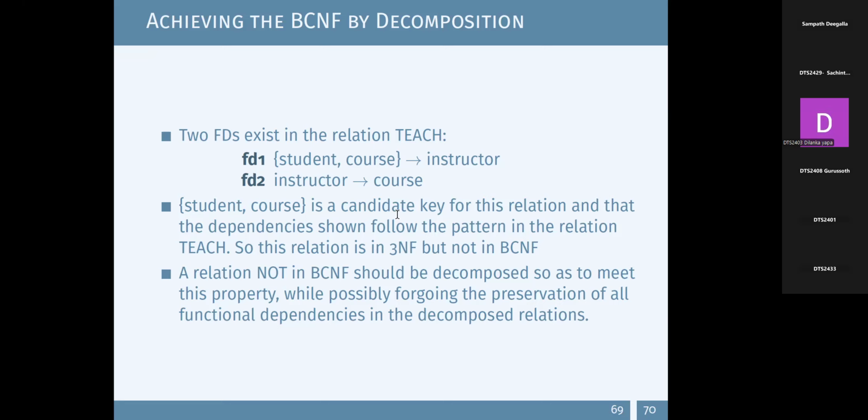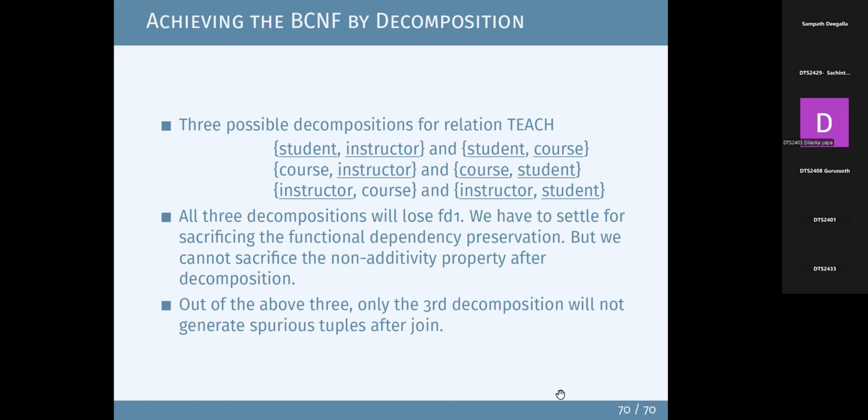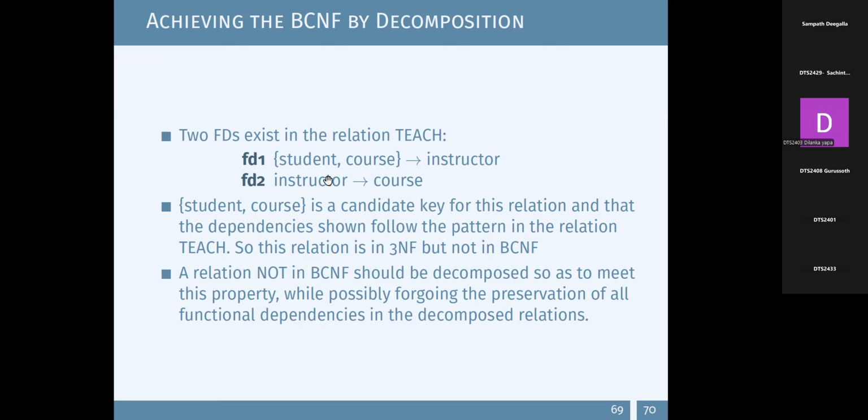But the problem is when you're breaking this, there are three possible ways of breaking this. You can take student-instructor and student-course, instructor-course and student-instructor, or instructor-course and instructor-student, right? We are breaking this to remove this functional dependency.